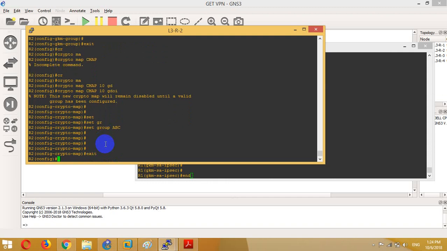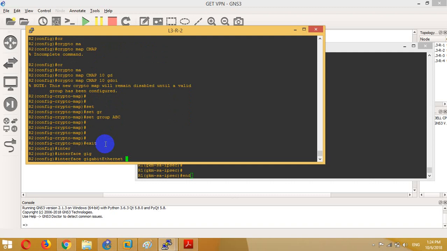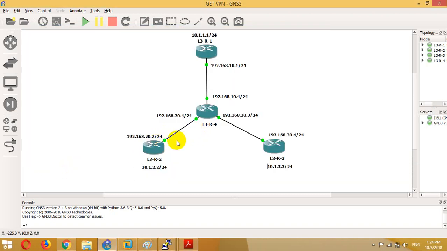And under the outgoing interface, interface gig 0/2.